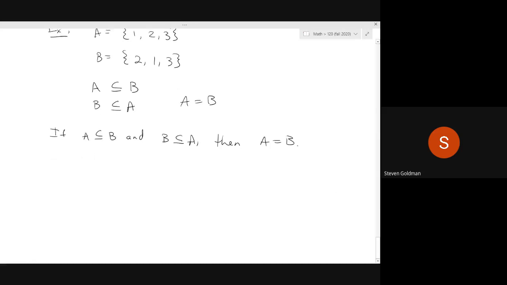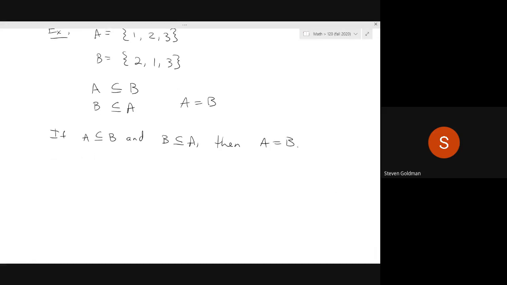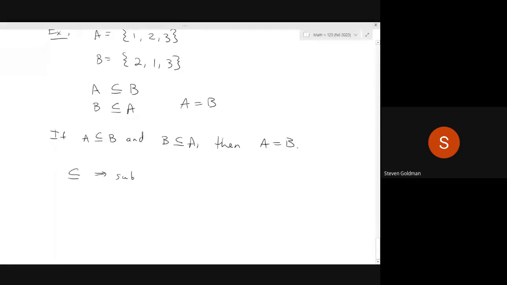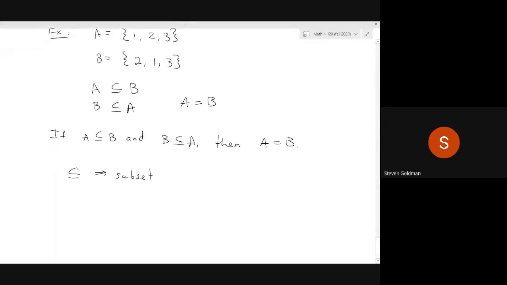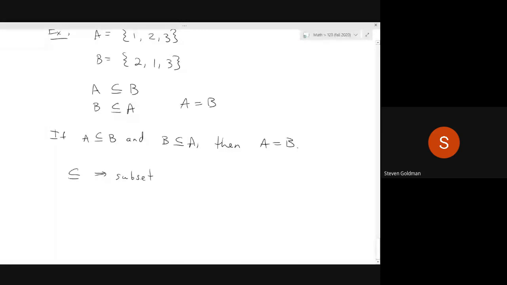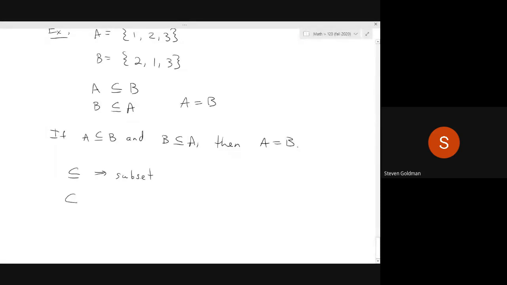Since we're discussing this, there are two different symbols that we use when talking about subsets. There's this symbol, the curved one with the underline. This means that something is a subset, as we said already. And then there's this symbol, the curved part without the underline.